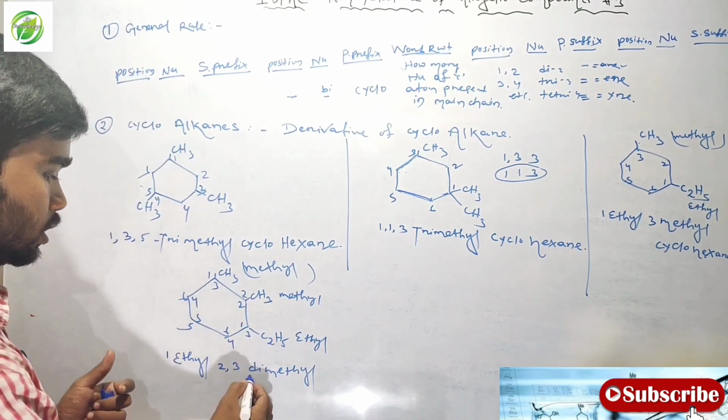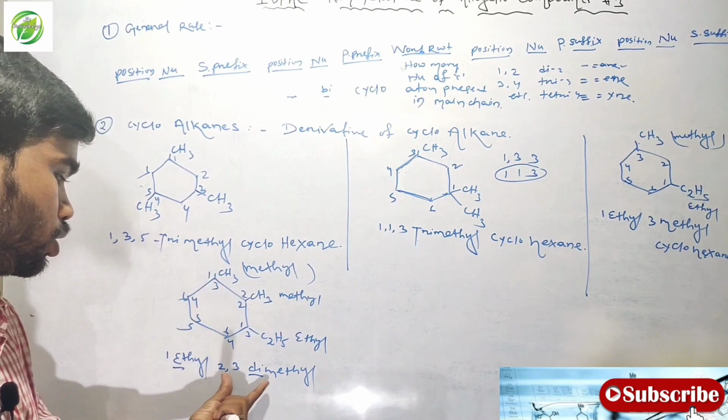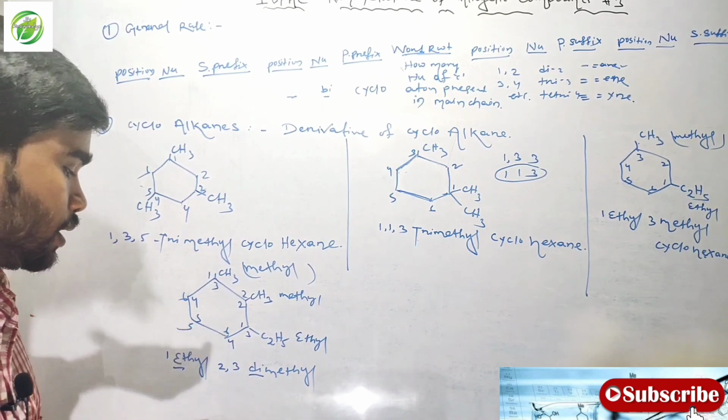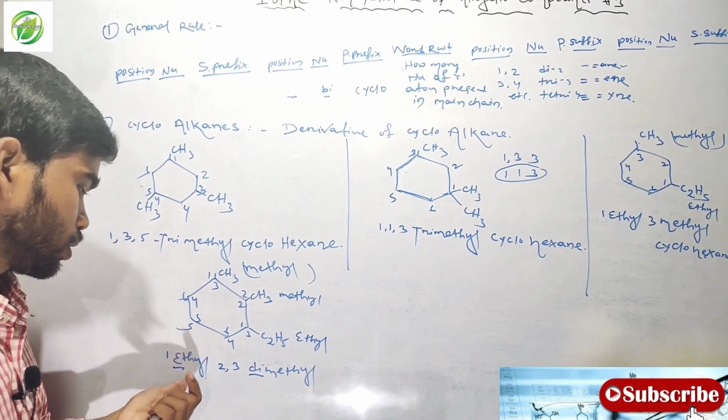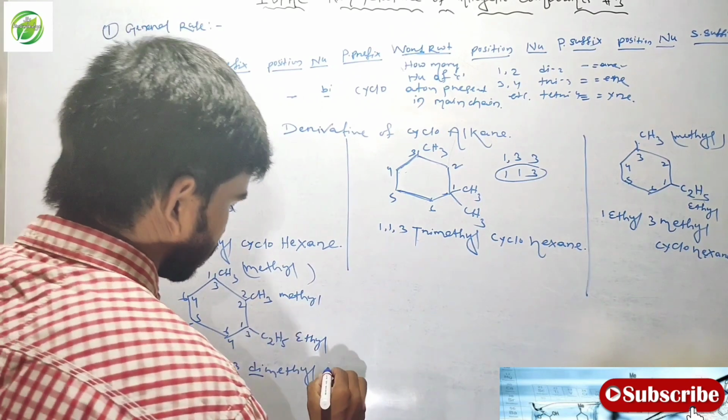Friends, d comes first, then e, but in this case we do not consider di, tri, tetra, etc. So ethyl comes first. This is 1 ethyl, 2, 3 dimethyl cyclohexane.